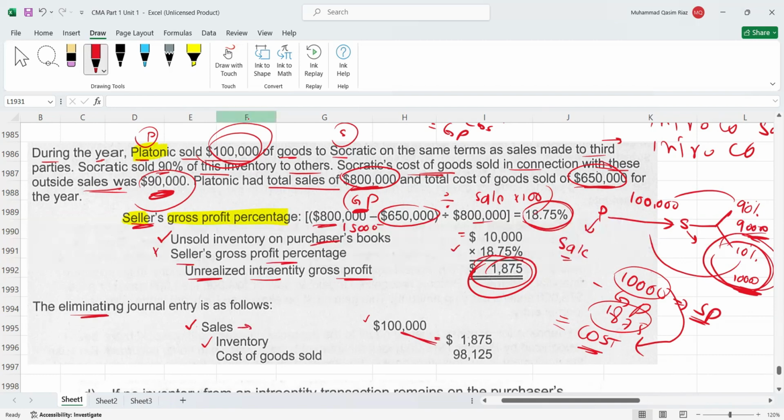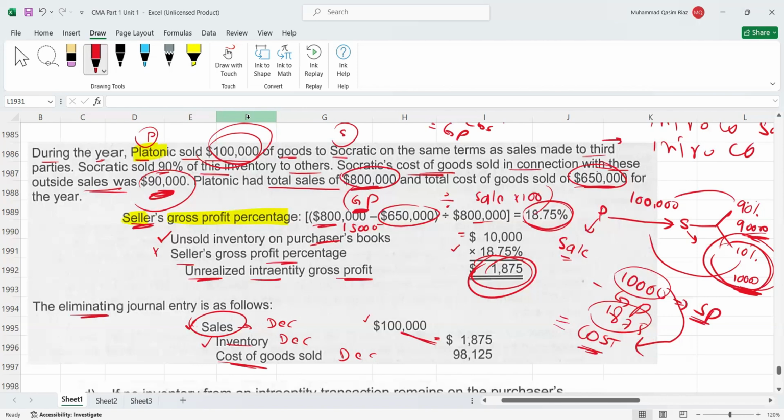All three things are decreasing: this eliminates intra-company sales, this eliminates intra-company cost of goods sold, and this eliminates inventory, because we are bringing inventory from the selling price to the cost.